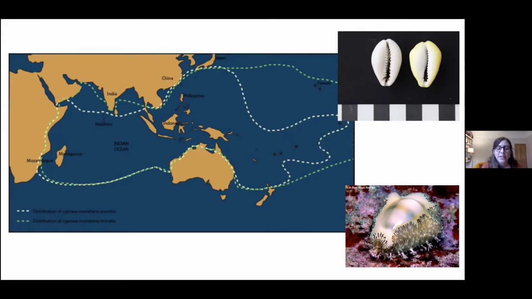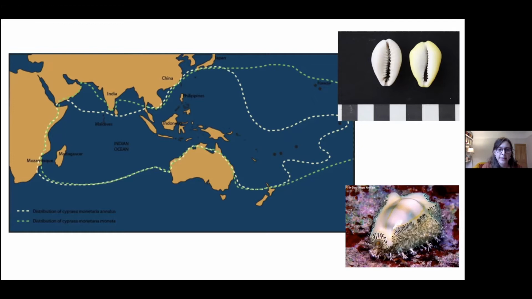One species, moneta, has got a lot of attention, particularly because of its association with the slave trade. It was exported in large quantities to West Africa in the 18th and 19th century, where it became a form of currency.